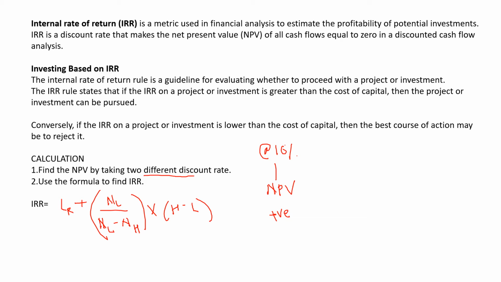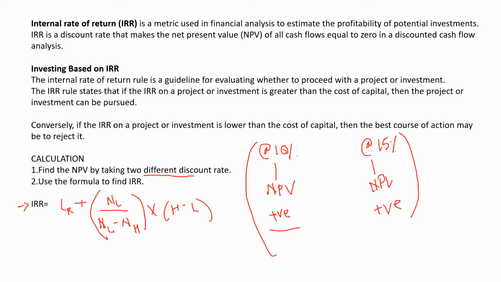As we are doing a trial and error method, if it comes out to be positive, we will take a higher discount rate this time, say 15%. Then say our NPV comes out to be negative. Now we can find the IRR here, or it may come out to be positive also.